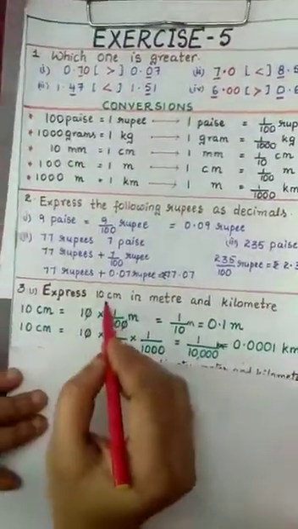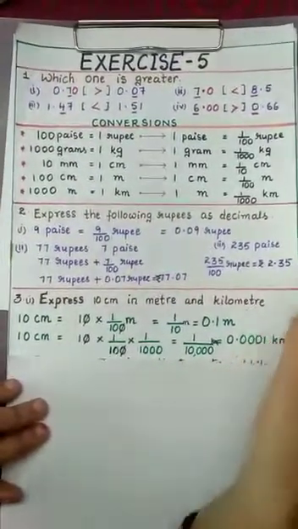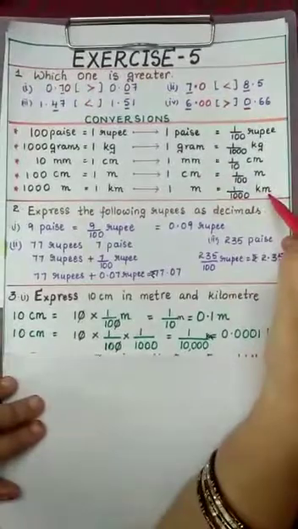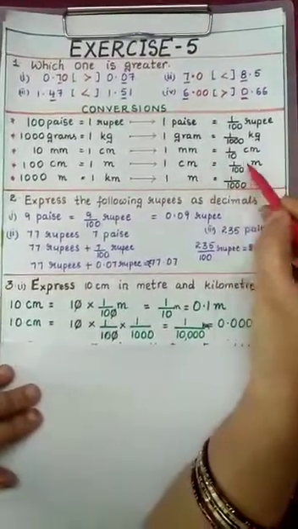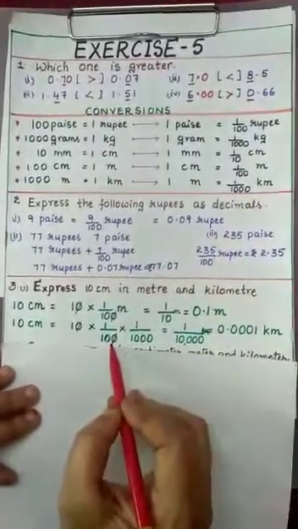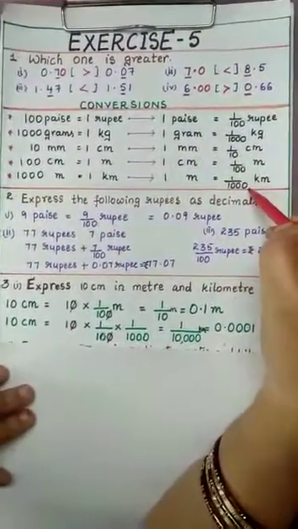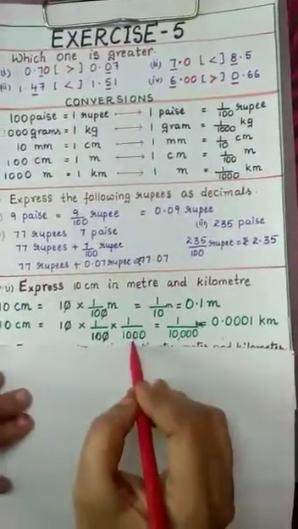Now the next one, 10 centimeters you have to convert into kilometer. Now you see here, to convert centimeter to kilometer, centimeter first you have to convert into meter by multiplying by 1/100. Again, that meter you have to convert into kilometer by multiplying by 1 by 1000.